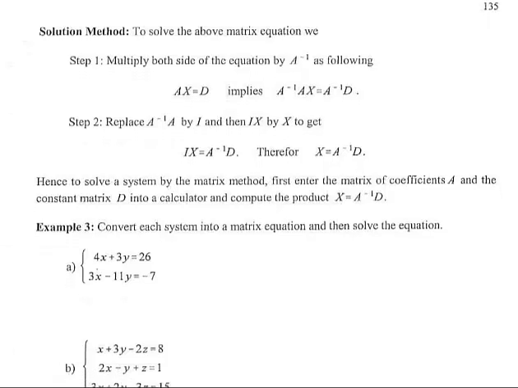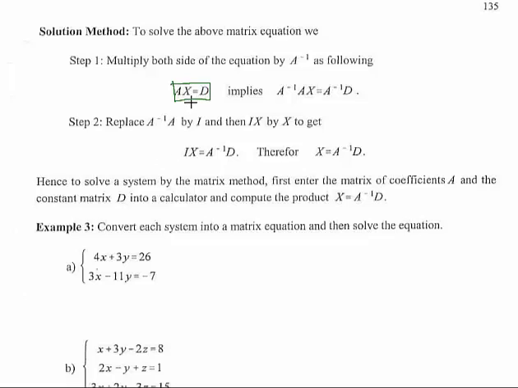If we look at the next page, it gives us a better idea as to why this works and what exactly we're going to do. Now you'll see here that this is the equation. We can take a system of three linear equations with three unknowns, split it up into coefficients A, variables x, and constants d.